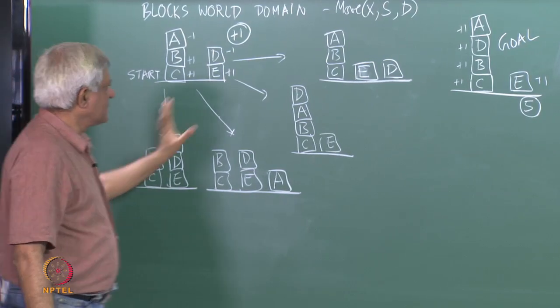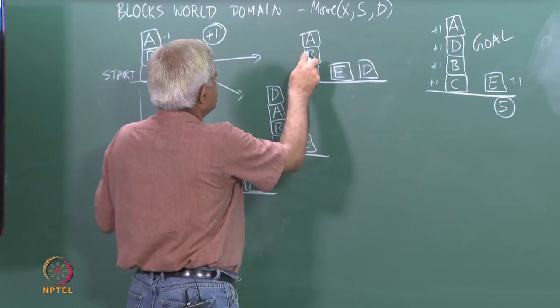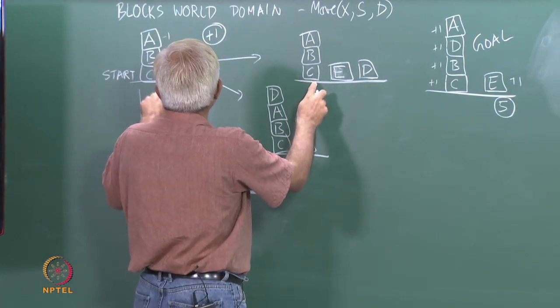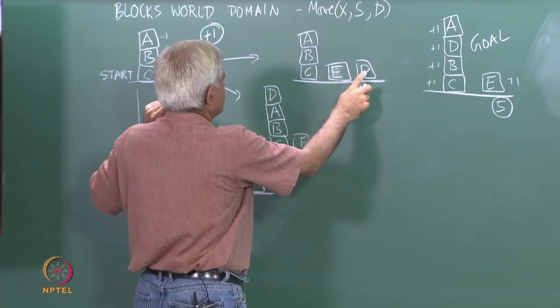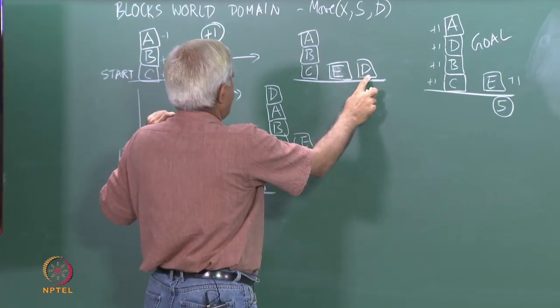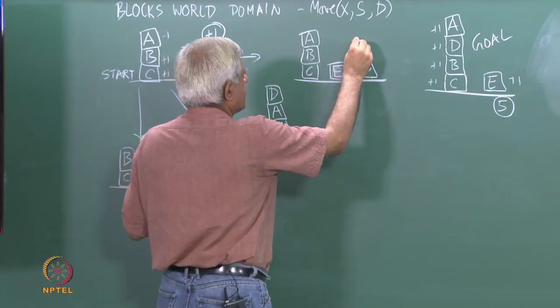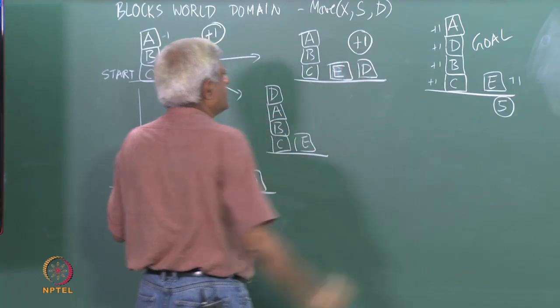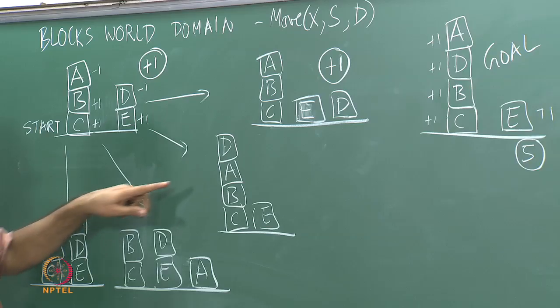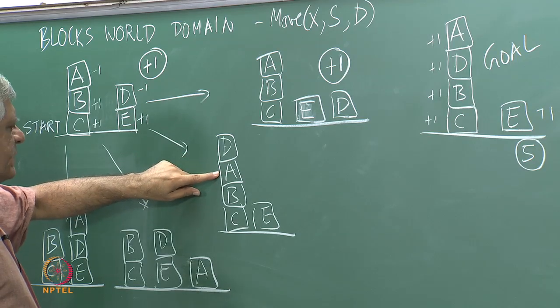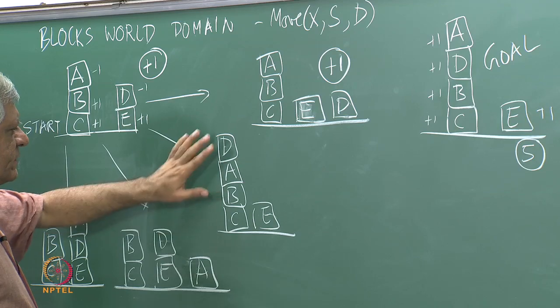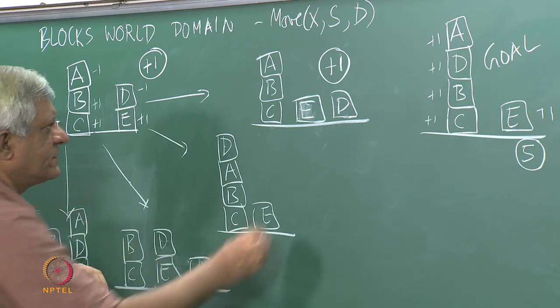Now, what about the other states? Let us look at this one. This is A, B, C, this adds up to +1 here, +1 for this, and -1 for this. Just let me know if I am making a mistake. This state is +1. Here it is -1 for this, -1 for this, +1 for this, +1 for this. So, this cancels off, and E. So, this is also +1.